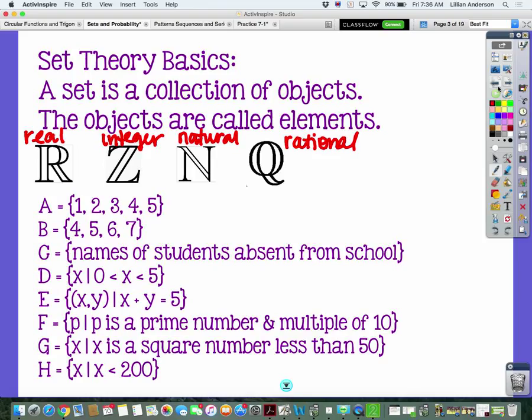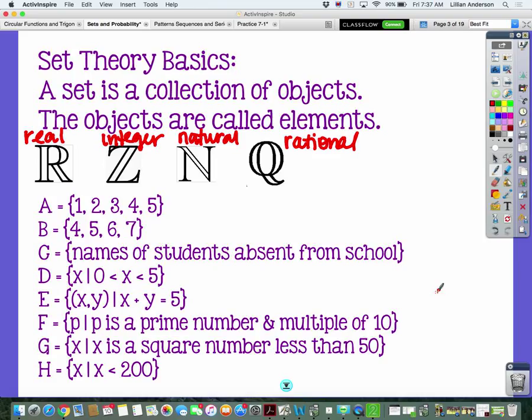A precise set is a set that really is defined. The examples D and H are sets that are not precise, and the reason is because they don't specify what sort of numbers the set elements should be.